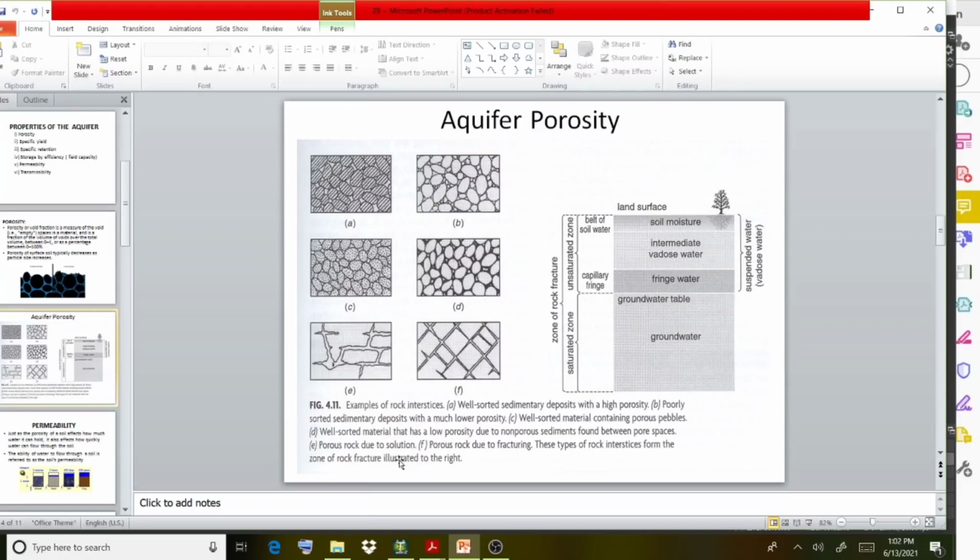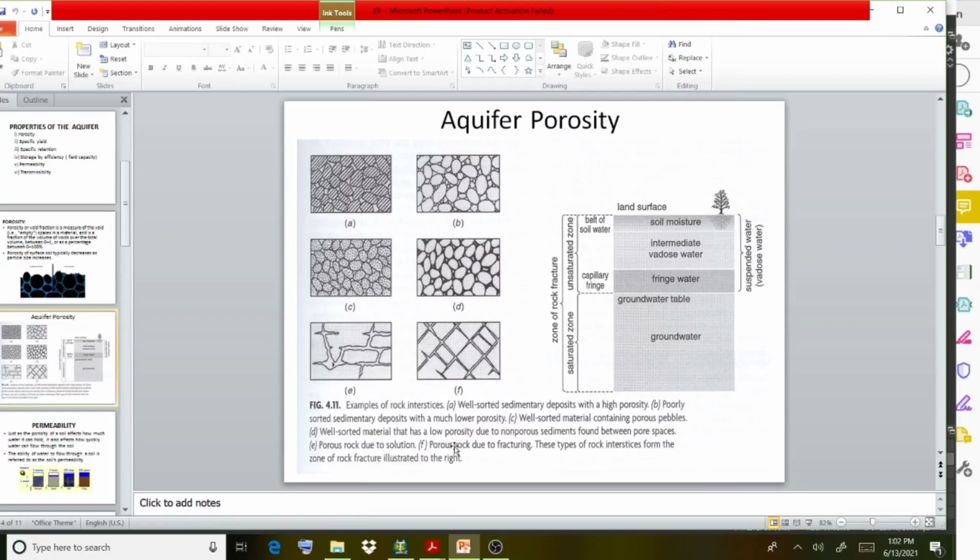The fourth one is well sorted material that has a low porosity due to non-porous sediments. In this case the material itself is non-porous, so the porosity value will be very low. The fifth case is porous rock due to solution, the condition in which if you add solutions, the porosity can change.